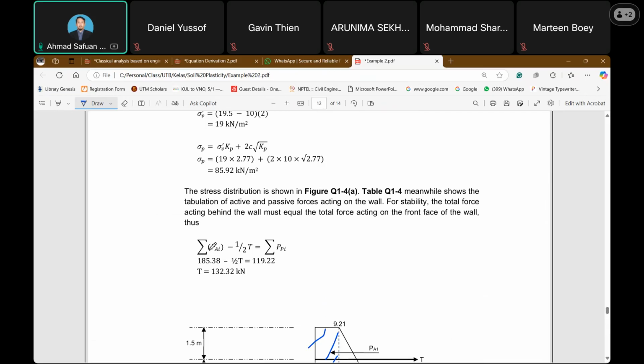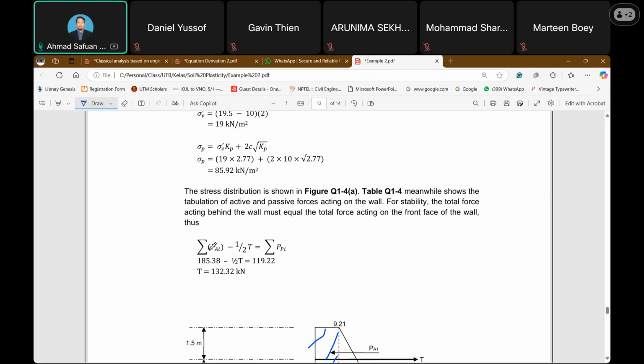So it means that on the active, or on the right side, the active minus half T, as I mentioned before, because the spacing is 2 meter. So for every 1 meter run, we divide it by 2, equal to 119.22.